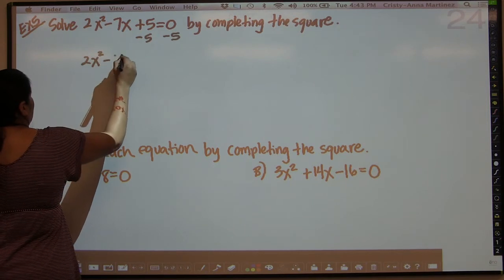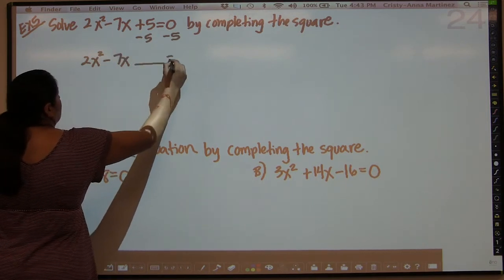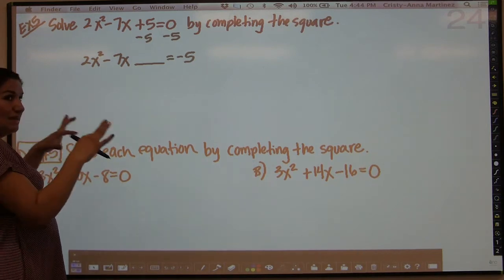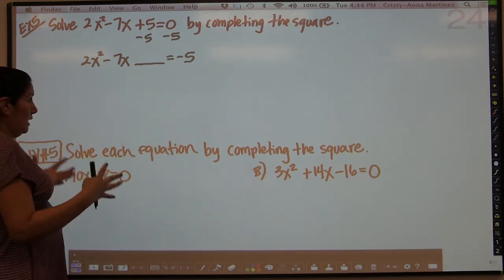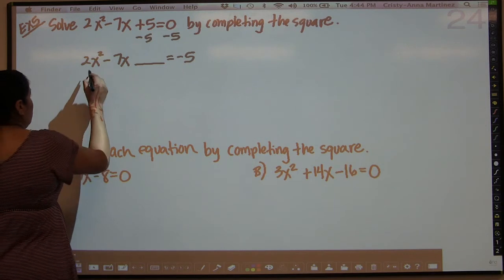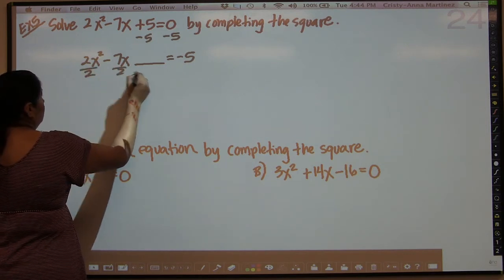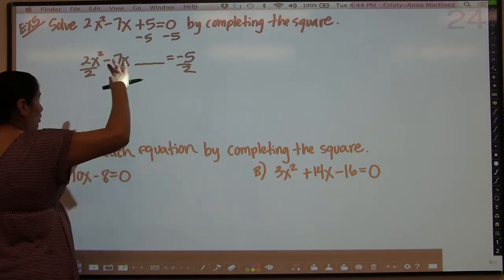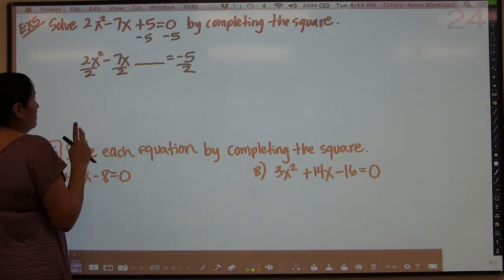It's not going to affect your final answer. I always like to put a blank there because it reminds me that I'm going to complete the square, that it's missing something, and I'm going to put it in there. The second step, if you remember, was to either divide by a or to move the c to the other side. But I did not order this, just to show you it doesn't matter which way you do those first 2 steps.